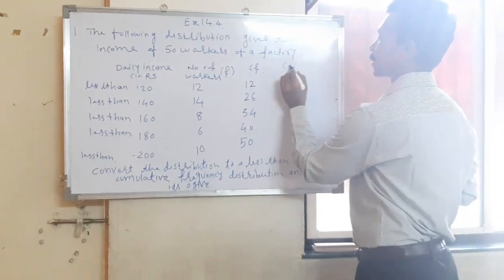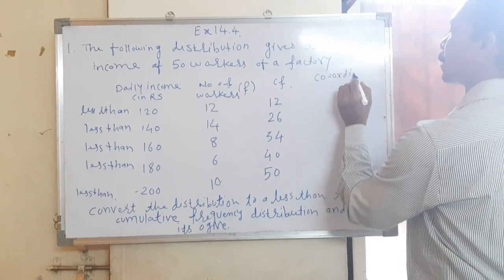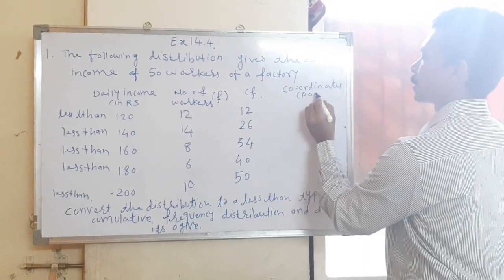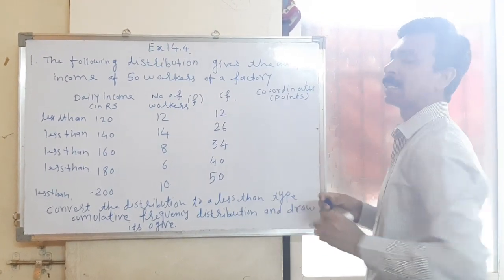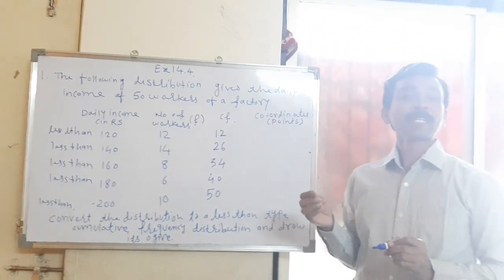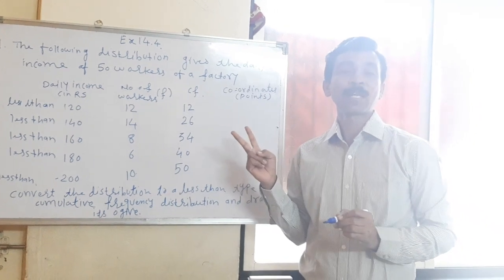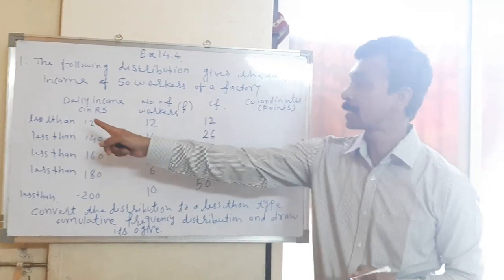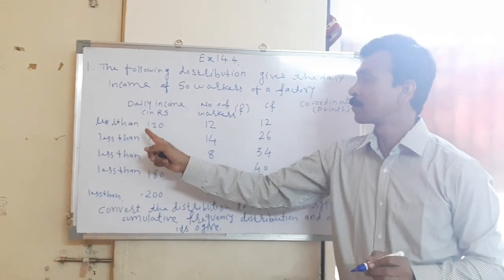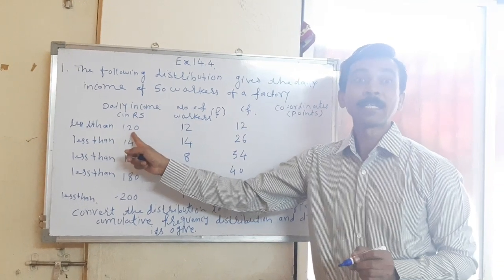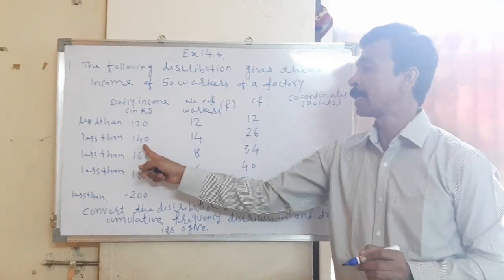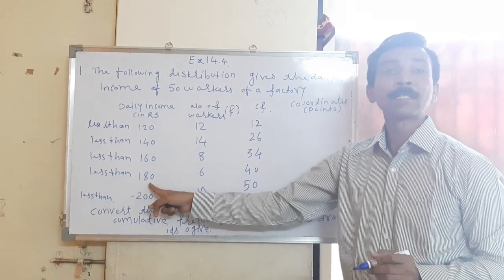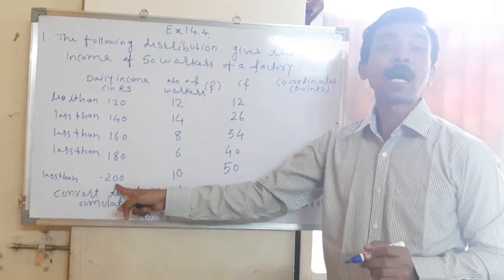Now what I will do, I will make one more column. I will call this coordinates, or even you can call it points. Means we have to take two values in the bracket. One will be for the x-axis, other will be for the y-axis. In this daily income, we can see 120 is an upper limit, 140 is an upper limit, 160 is an upper limit, 180 is an upper limit, 200 is an upper limit.